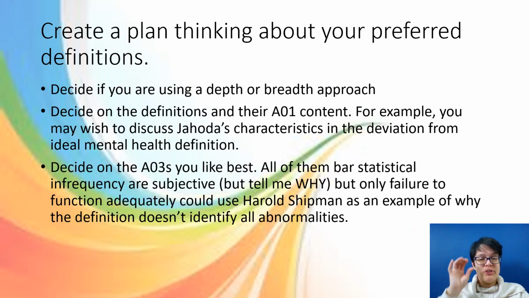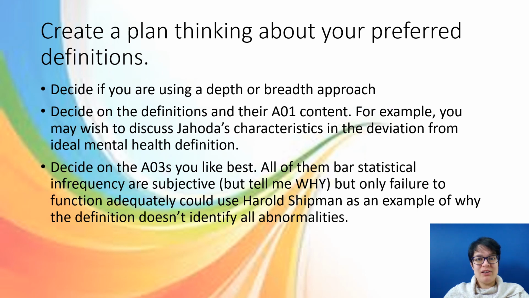So what I want you to do now is go away and plan out your essay so that we can do it under time conditions. First thing for you to decide is whether you're taking a breadth or a depth approach. You need to decide which definitions you want to use, because some of them you can expand much more easily.